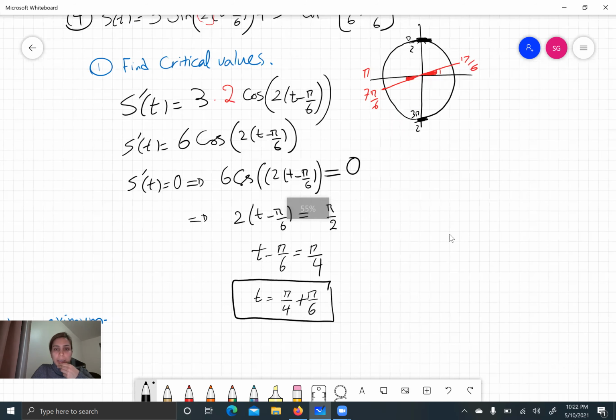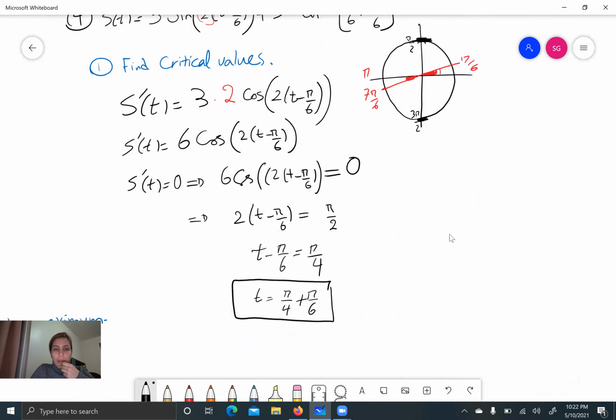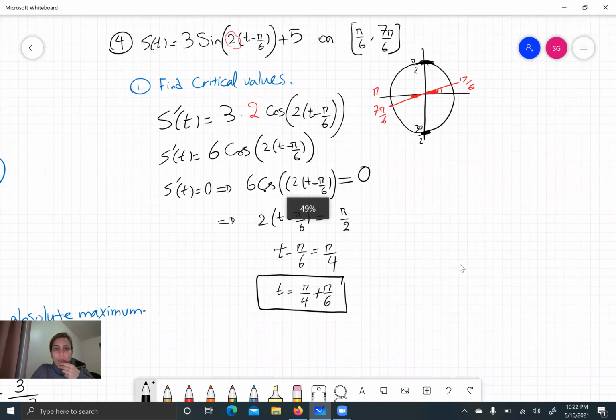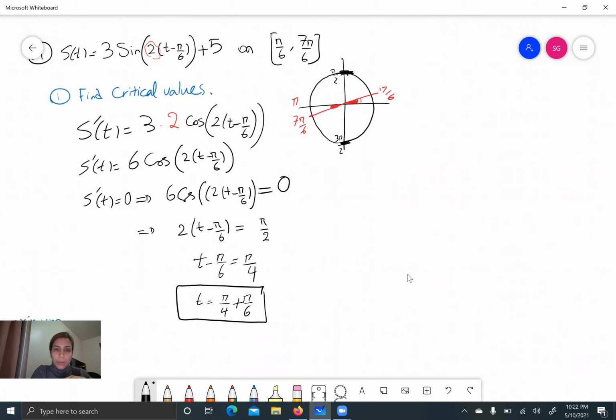Is there any other critical value? Let's try 3 pi over 2, where cosine is also 0. I'm just not sure if t would end up in this region. It's 3 pi over 4 plus pi over 6.